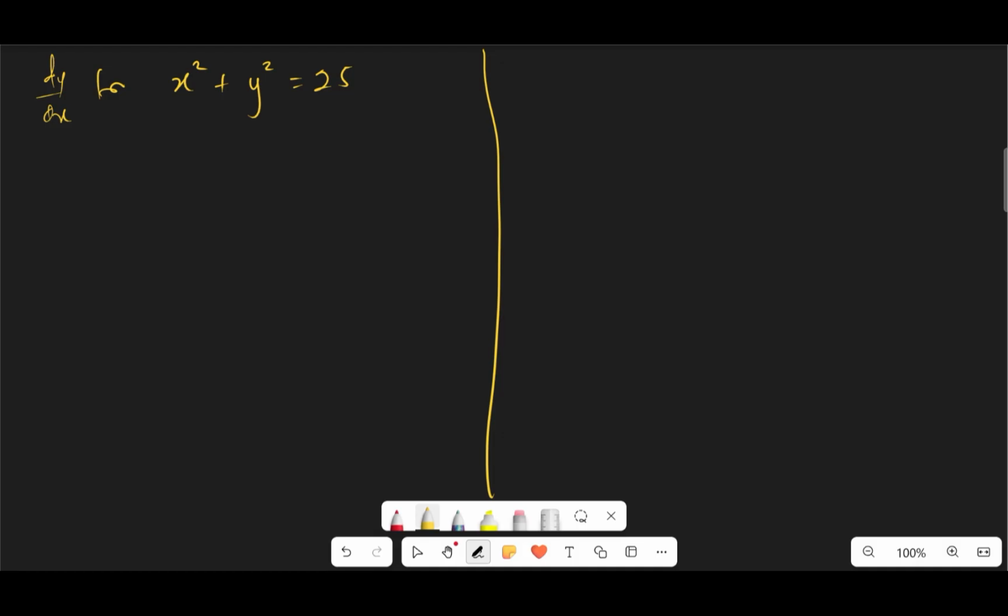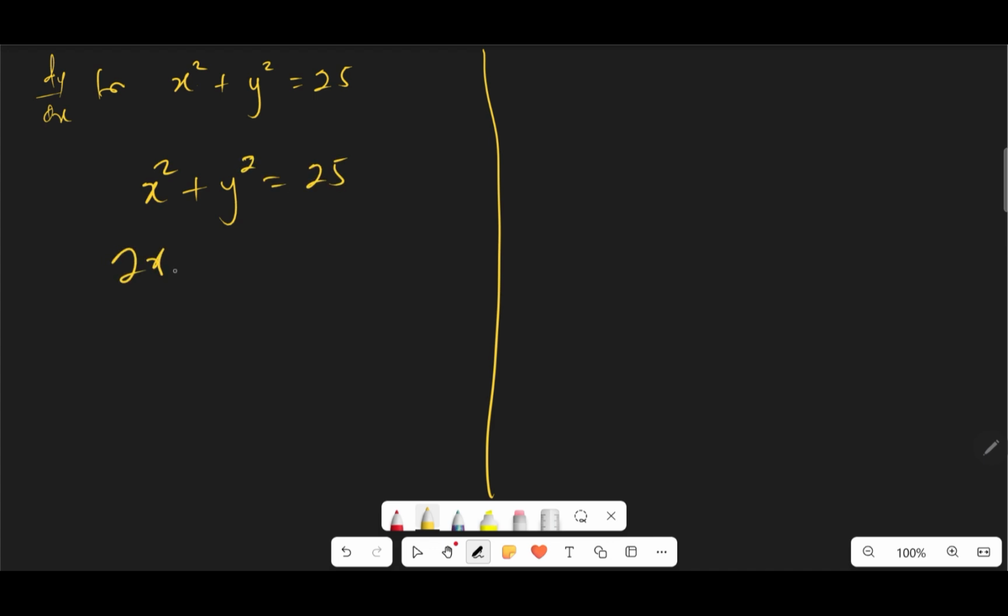Now let's go. For x squared, we are going to get 2x. Let me write the question: x squared plus y squared equal to 25.